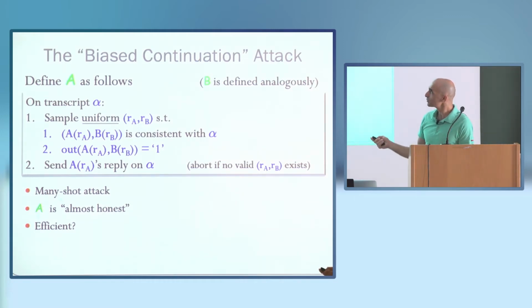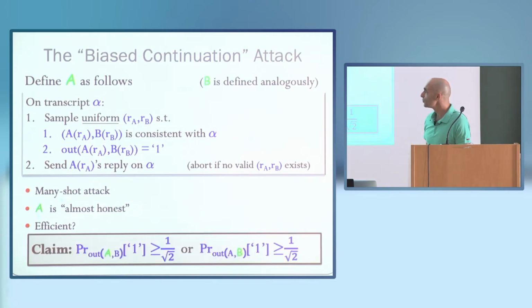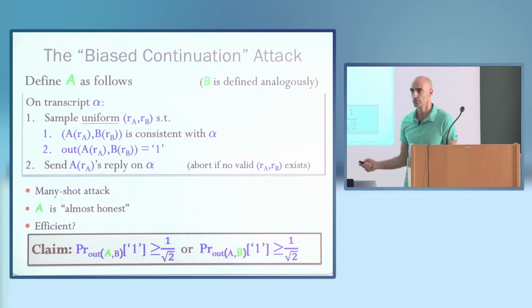So what is the claim that we want to prove about this attack? We want to prove the following: either corrupted A with honest B can cause the output to be 1 with probability 1 over square root of 2, or corrupted B with honest A can do the same. Either of them.